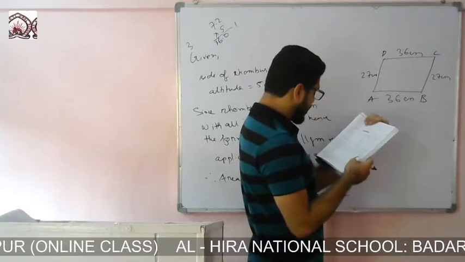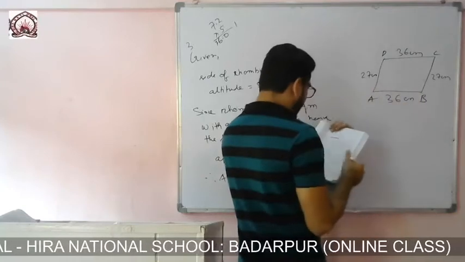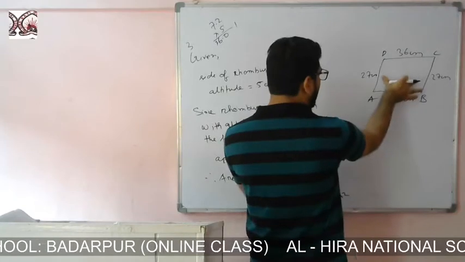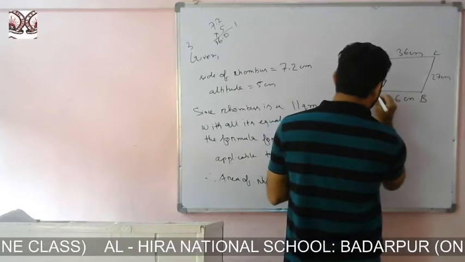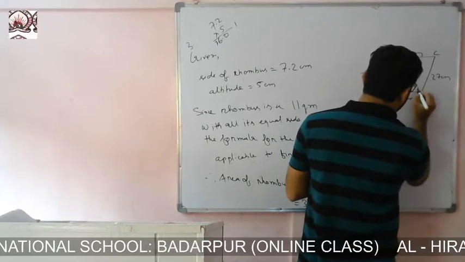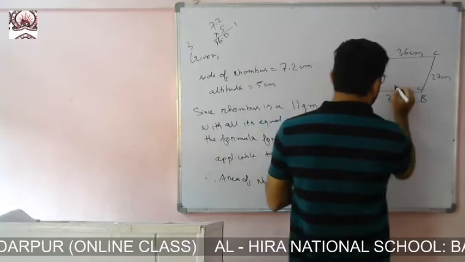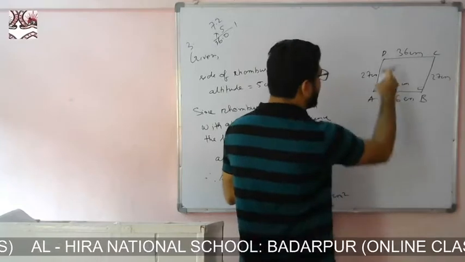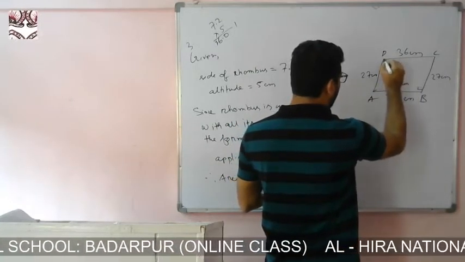If the perpendicular distance between the shorter sides, between these two shorter sides, is like this, then it will become 90 degrees. If it is 12 centimeter, then find the distance between the longer sides, that means to find the height between these two longer sides.